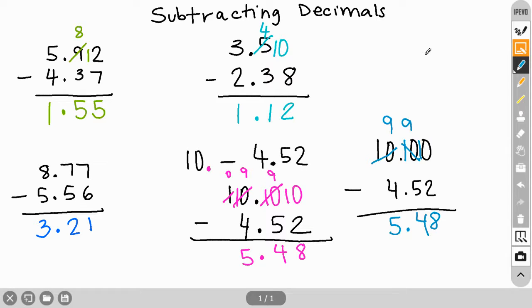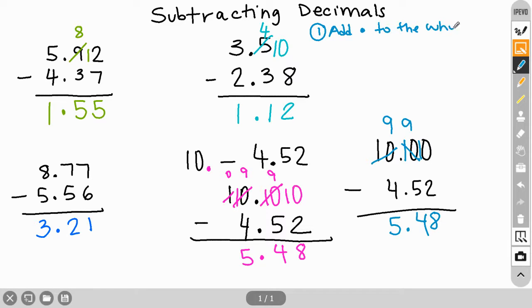So as far as the steps for subtracting, remember number 1, first make sure if it's a whole number that you know where the decimal point is. So add the decimal point to the whole number, right?